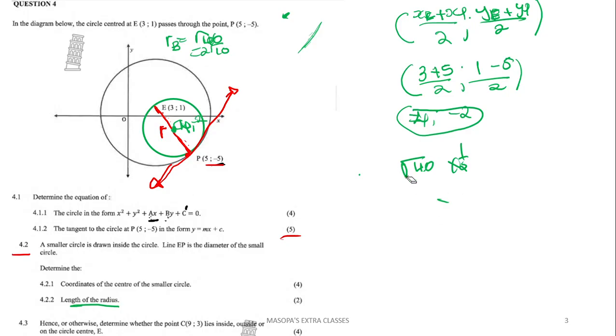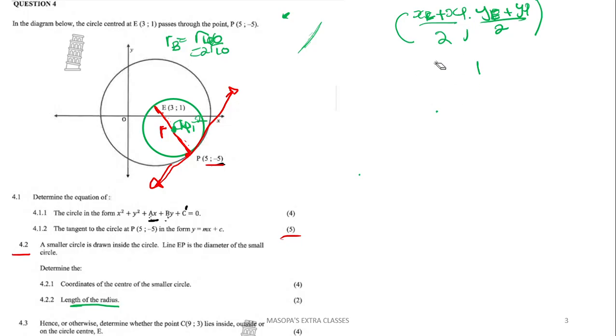If point C lies on the circumference, the distance must be the same as the radius we calculated before, root of 40. If the distance is smaller than our radius, point C lies inside.